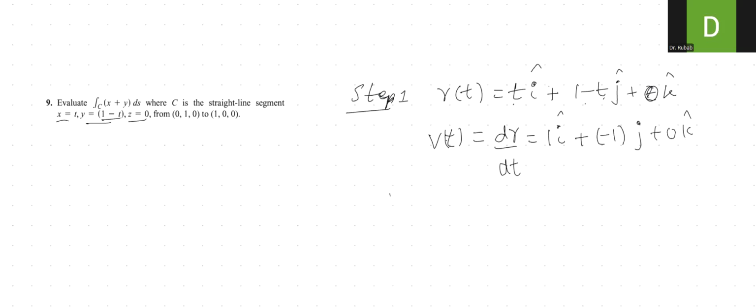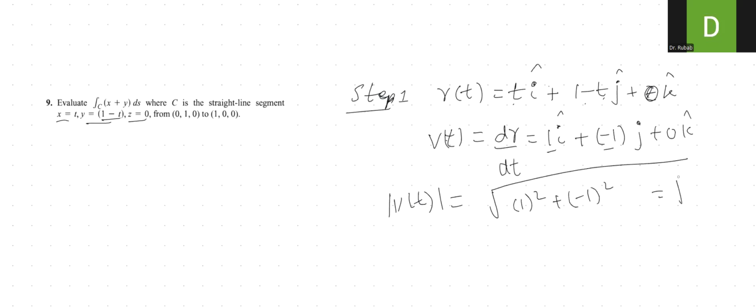The magnitude of any vector is calculated by taking the square root of the sum of the squares of each term. 1 squared plus 1 squared becomes root 2, right? In this way, we calculate ds. ds is speed times dt, and it will be root 2 times dt. This is the first step.